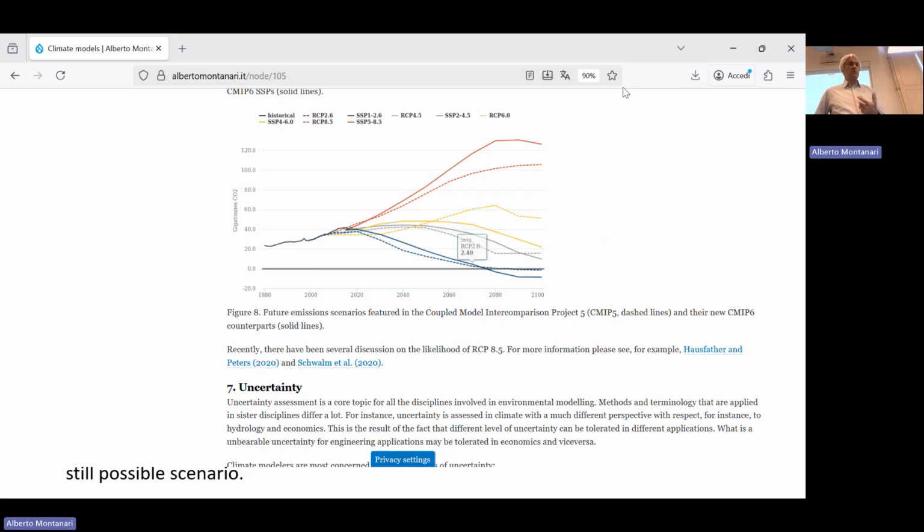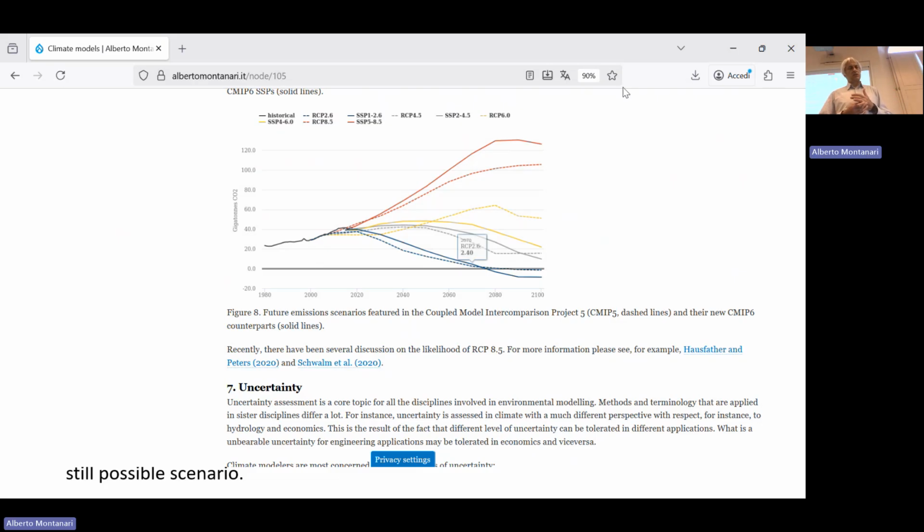the cap. So basically, you see that almost all the scenarios, all of them, reach a cap of CO2 concentration. And we think that we are reaching a cap for many reasons, but also for the mitigation policies. The most optimistic ones predicted that a cap will be reached between 2020 and 2030.